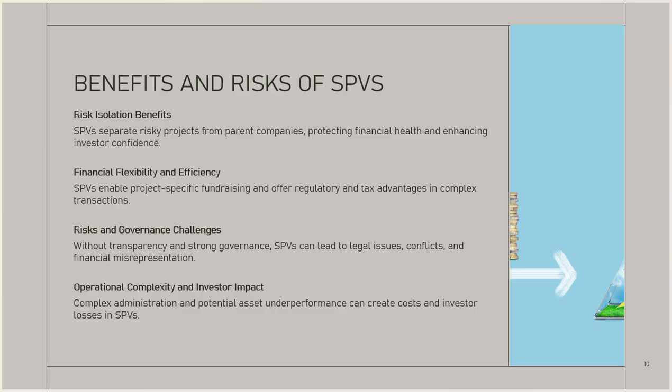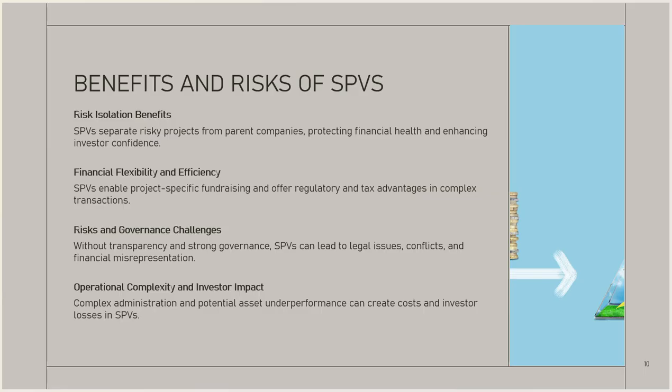So let's discuss the benefits and the risks of the special purpose vehicle. The first benefit is risk isolation. The special purpose vehicle separates project risk from the parent company and protects its financial health, enhancing investor confidence in that entity, and it tracks the inflow and outflow of funds. Then there is financial flexibility and efficiency.